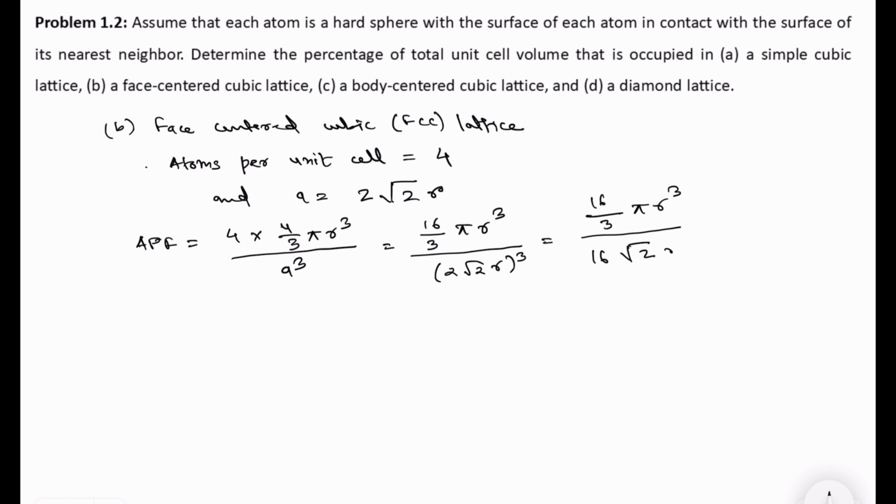Therefore, on solving this, APF is equal to π over 3√2, which is approximately 0.7405, or APF is equal to 74.05%.